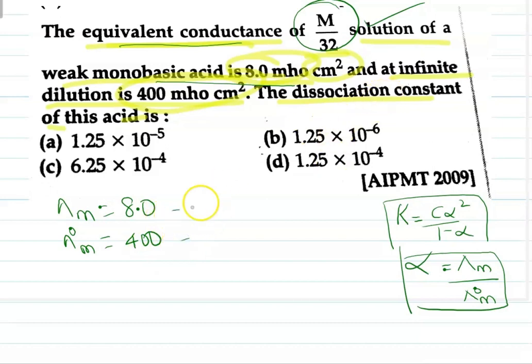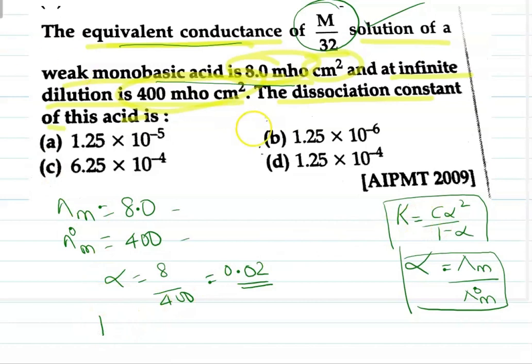First you need to get alpha. Alpha is equal to lambda m by lambda naught m, which is 8 by 400, and you will get 0.02, right? 0.02.